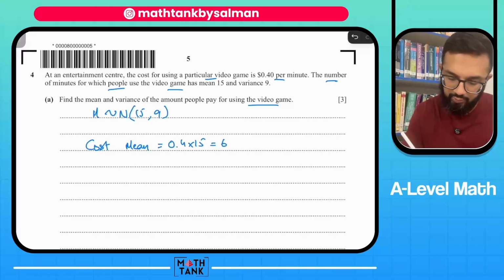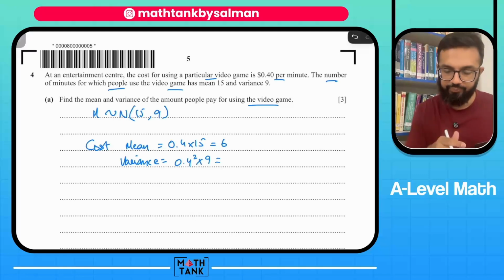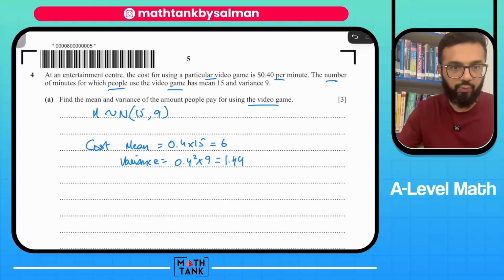That's $6. And variance is going to be 0.4 squared into 9, which is 1.44. Okay, both correct answers.